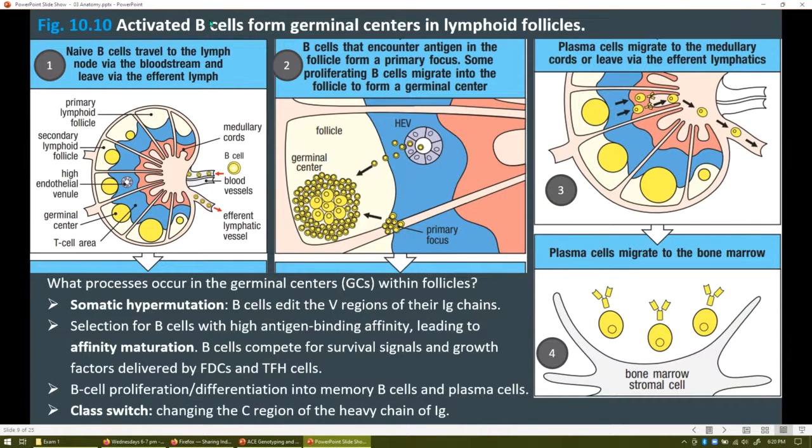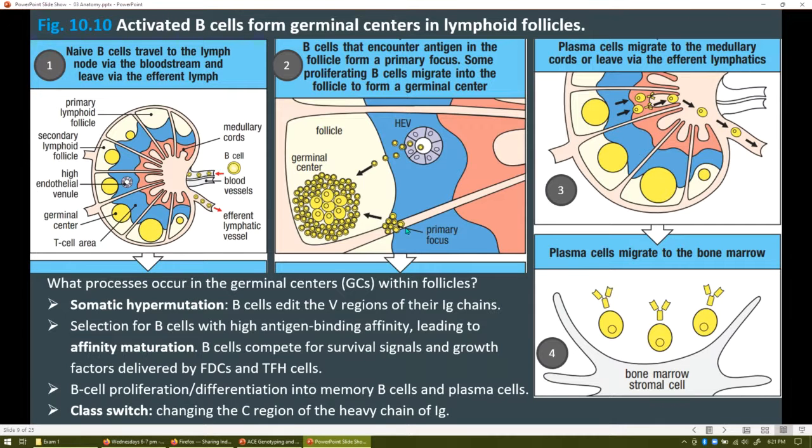Figure 10.10, activated B cells form germinal centers in lymphoid follicles. So step 1, naive B cells travel to the lymph node through the bloodstream. And if they encounter antigen, they will leave through the efferent lymphatic. B cells that do encounter antigen in the follicle are going to form a primary focus.